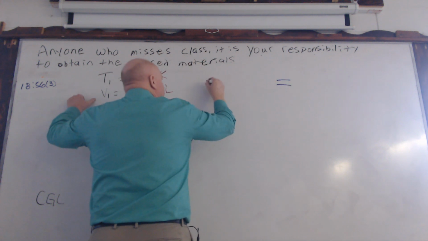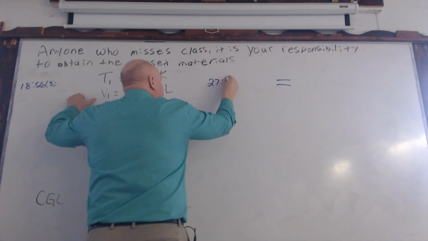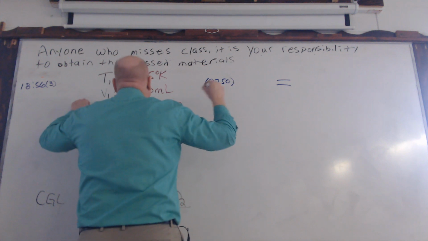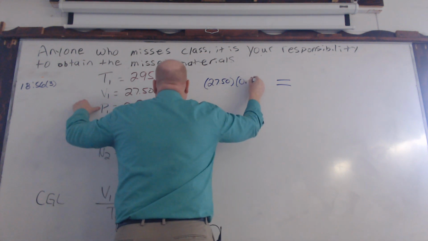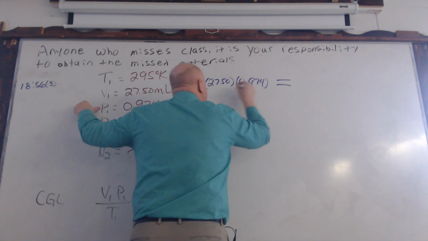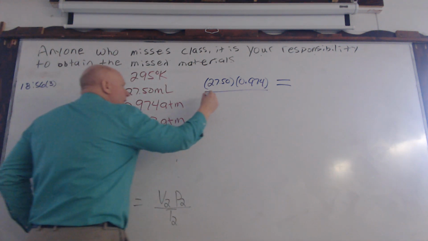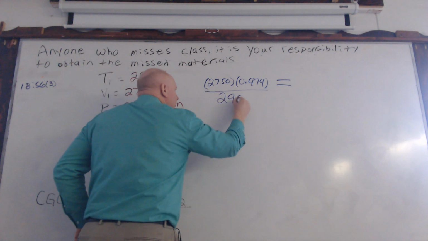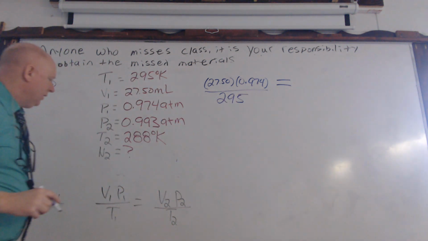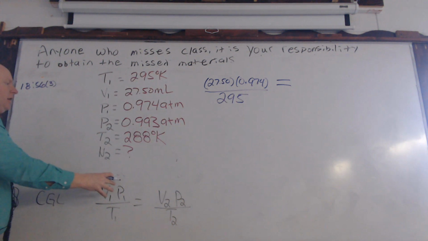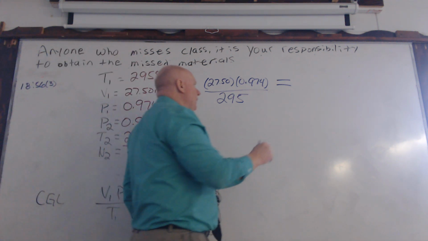Volume 1 is 27.5, and your first pressure is 0.974, all divided by your first temperature, 295. Set it equal to your new set of conditions on the right-hand side: 0.993.